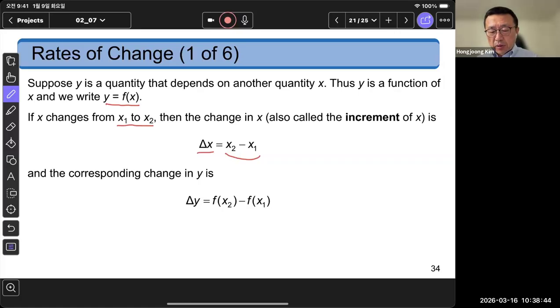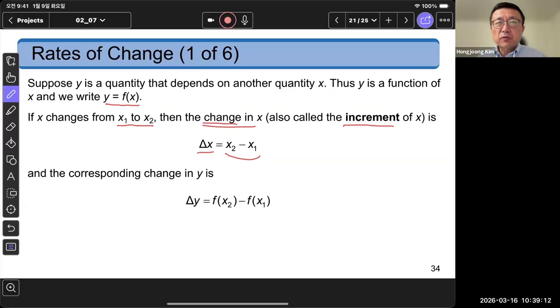So this is representing the change in x. And this change in x is sometimes called the increment of x, even though the x value may decrease. So even in that case, we just call this delta x, sometimes the increment of x.